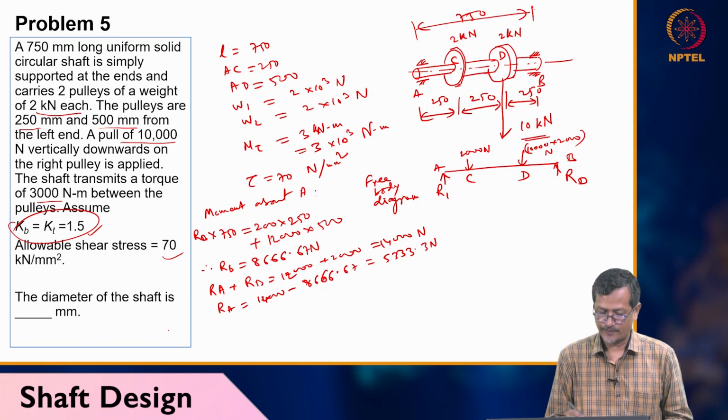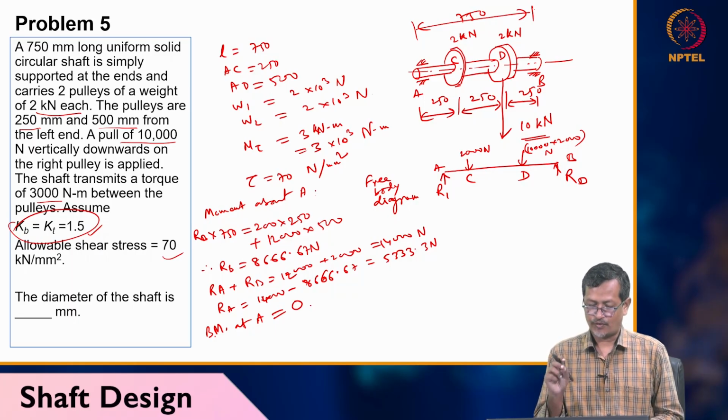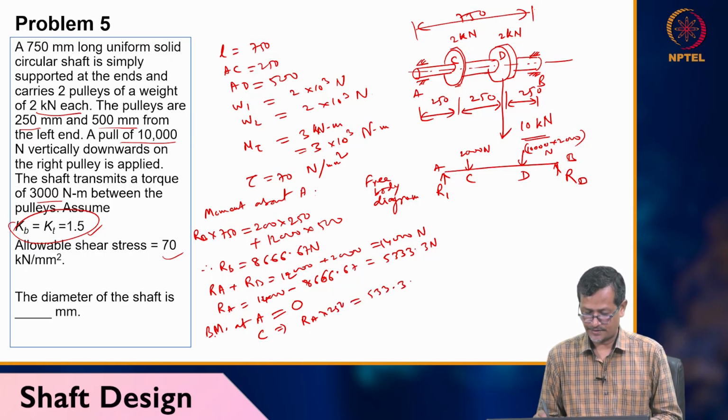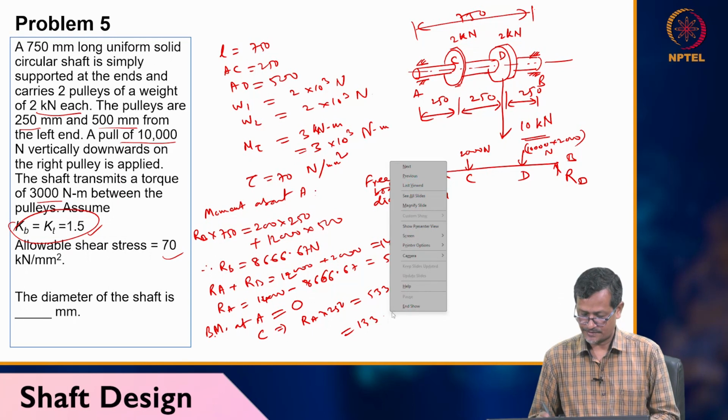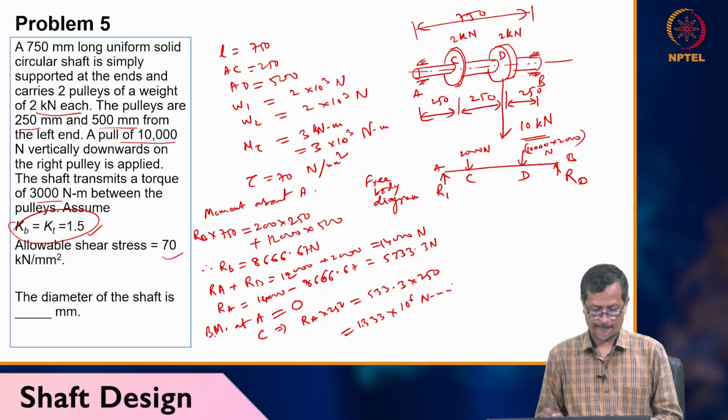Now bending moment at A equals 0, because we are taking moments about A. Bending moment at C equals RA into 250 equals 5333.3 into 250 equals 1.333 into 10 power 6 Newton millimeter.